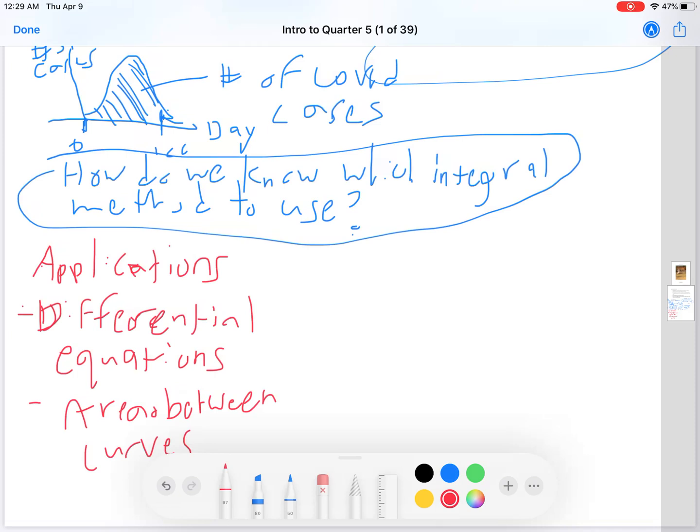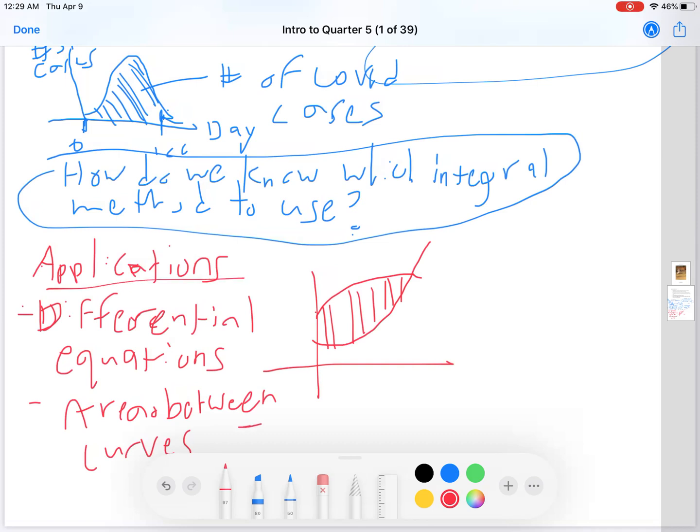So what I mean by this is, what's the area between, like maybe instead of the x-axis and a function, what's the area of this red thing. And we could even extend this into volumes. So that's the calculus that's left to learn.